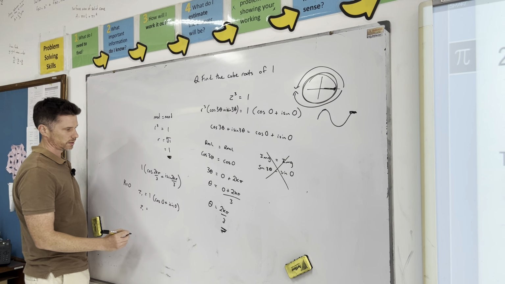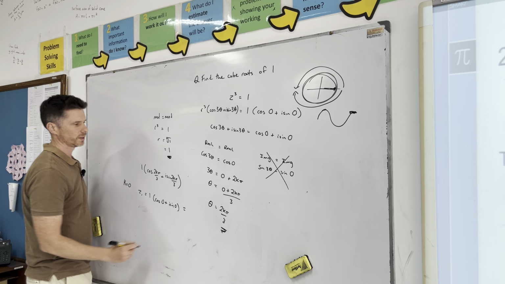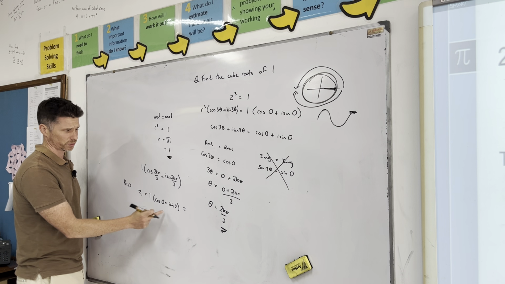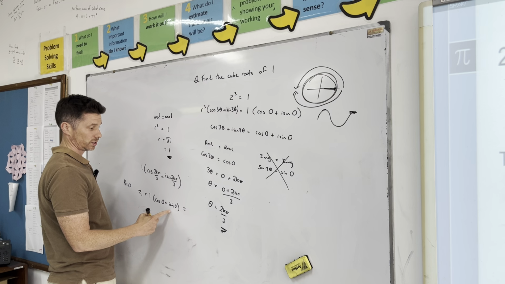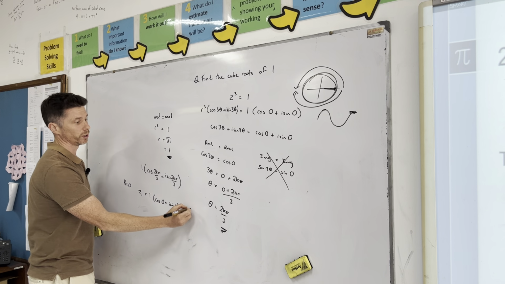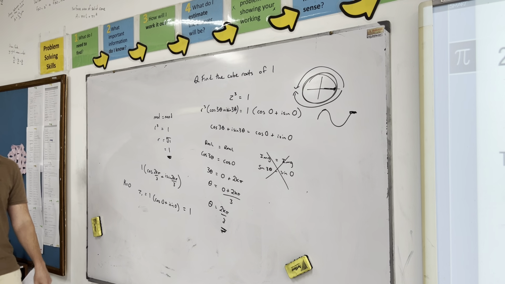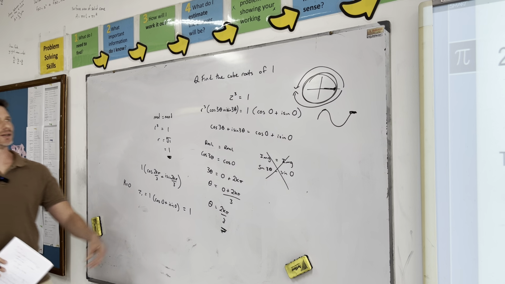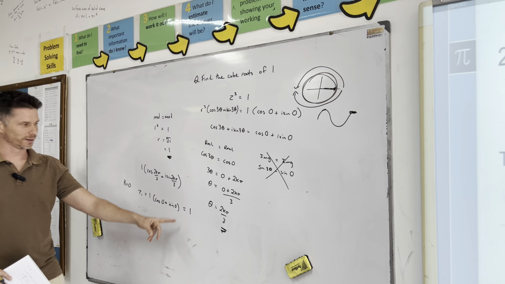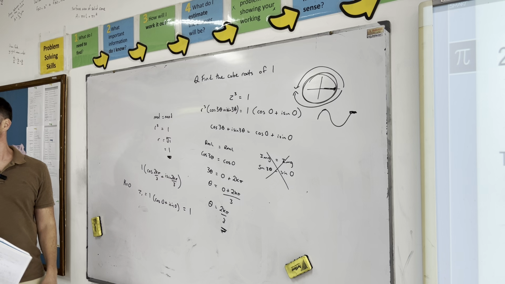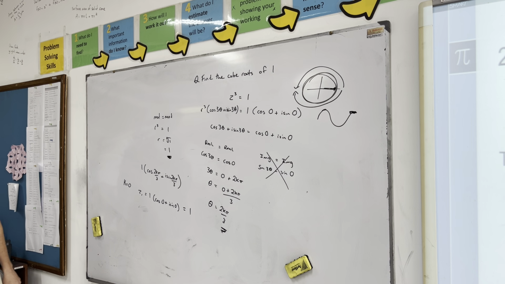Cos 0 is 1, and sine 0 is 0, so it's just 1 plus 0. It's the number we're looking for. We went all the way from the cube root of 1, and we got 1. Job done. We love math.